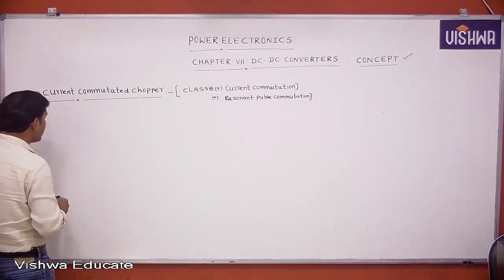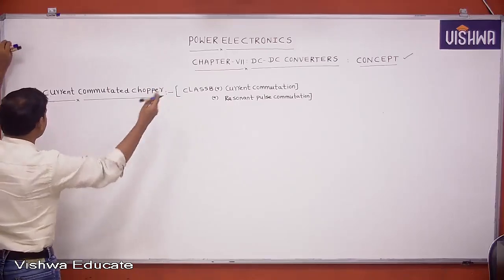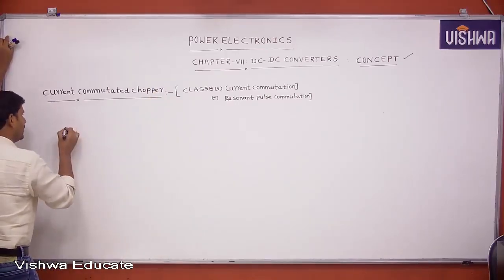I'll have to draw the circuit for the current commutated chopper. This is the circuit we are using.